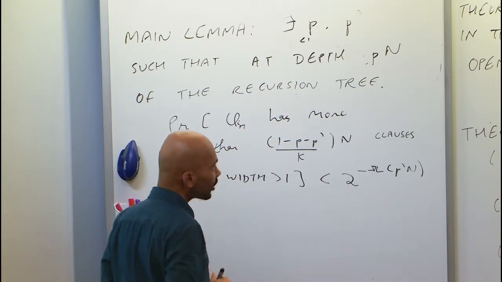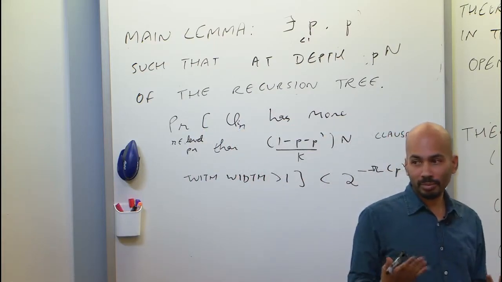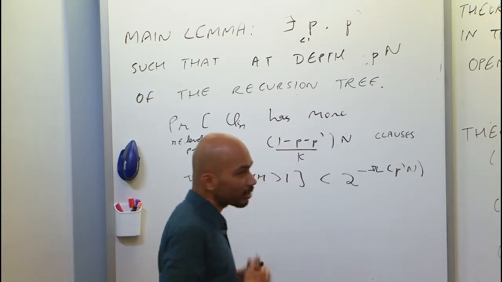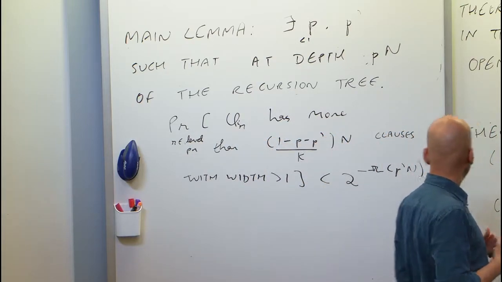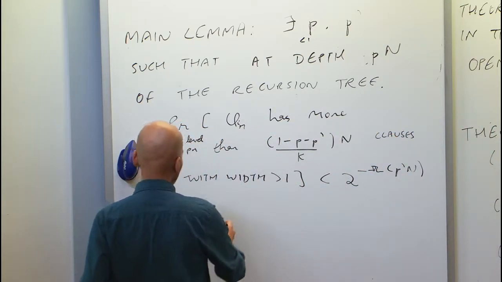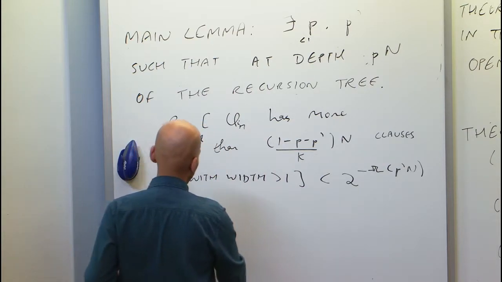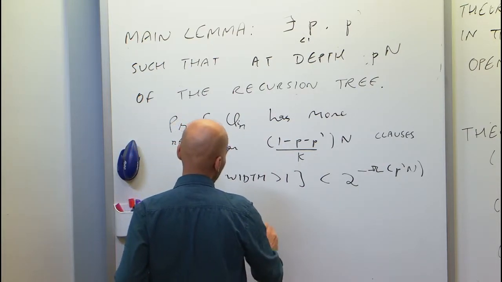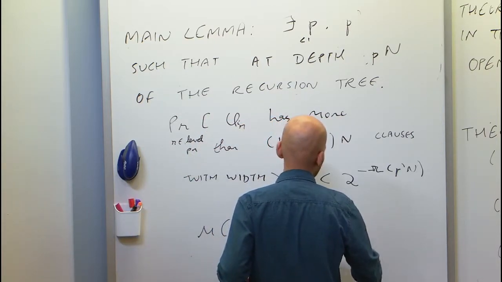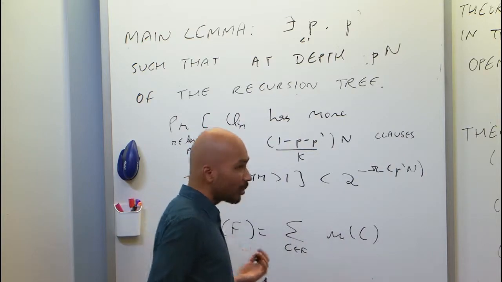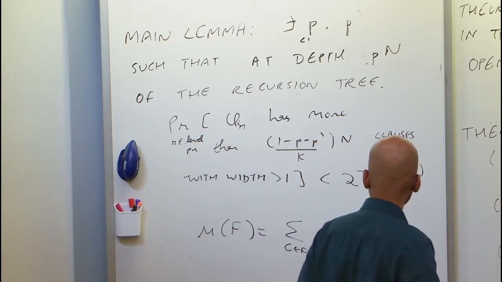The way we get around that is using an approach which is quite traditional in branching algorithms, which is a measure and conquer approach. Essentially, we assign a measure mu to the formula. The measure for a formula is just the sum over clauses in the formula of mu of c, where c is a clause. And the measure of a clause only depends on the length of the clause, right?